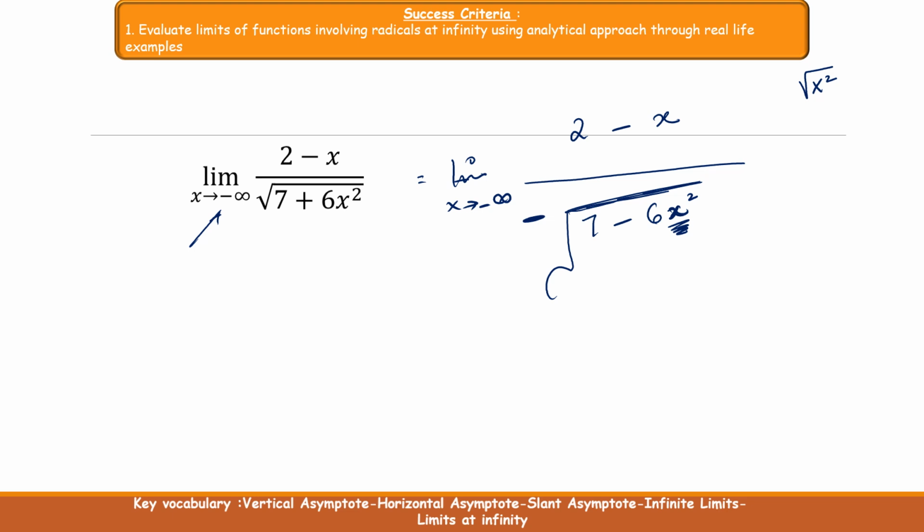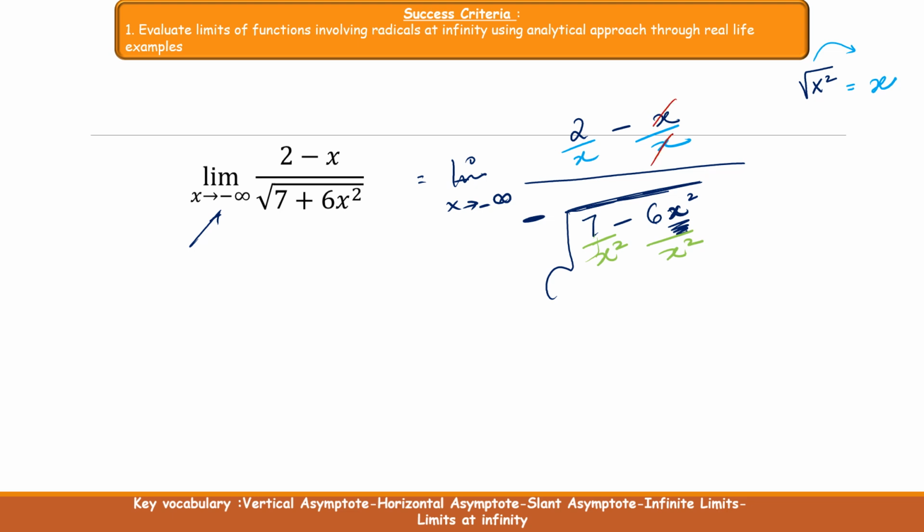So when I divide the whole thing by the denominator, I will write x square here. But in the numerator, I don't have any square root. The square root of x square is equal to x, due to which I will divide by x in the numerator. After doing this, we will simplify.